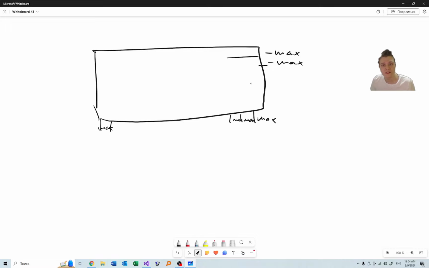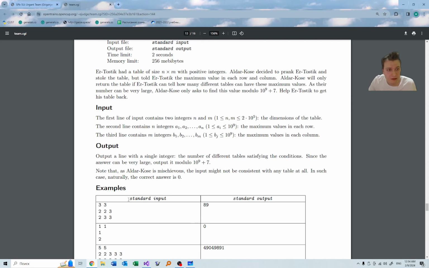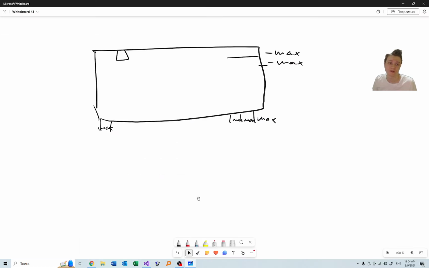The goal is to calculate the number of such matrices, given that all numbers are non-negative integers, I believe. Non-negative integers, yeah? Positive integers. It's actually positive integers. Okay.